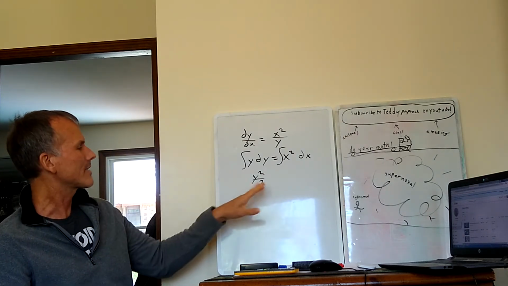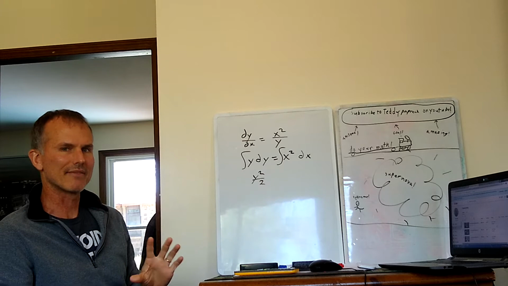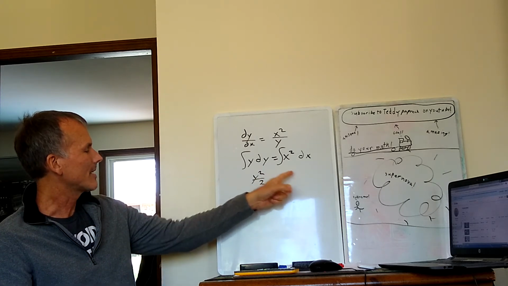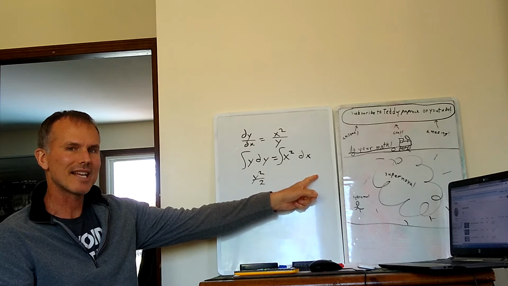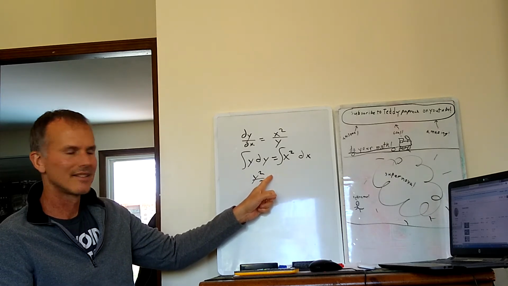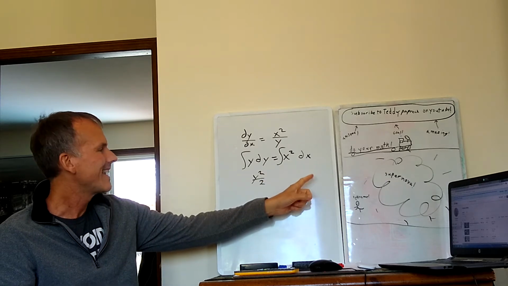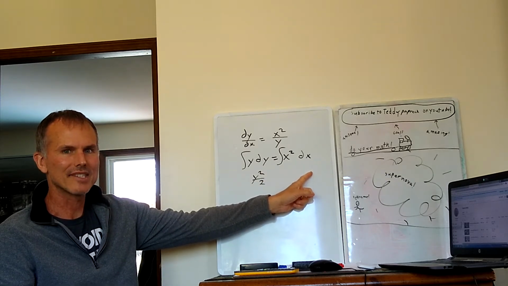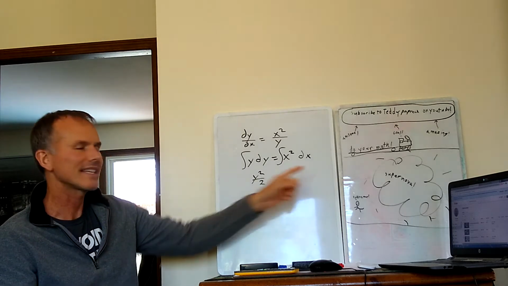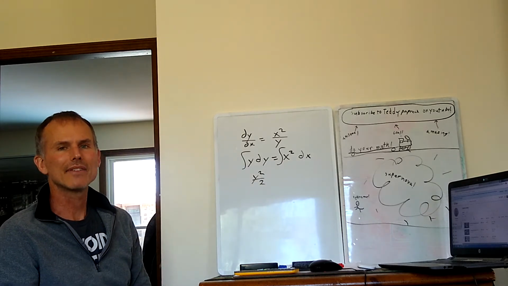But I don't actually have to write a plus c on the left-hand side. Because if you think about it, I'm going to have to write a plus c on the right-hand side anyway. And if I subtract this c from both sides, I just get another constant over there. The constant that I'd add here can have any value. The constant that I'd add to the right side can have any value.